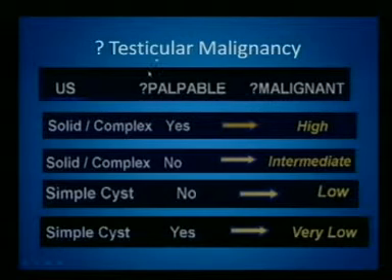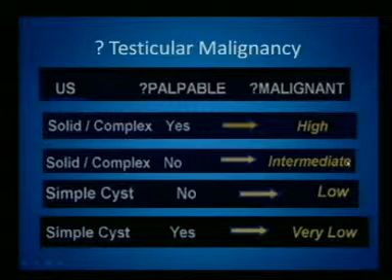With the ultrasound, testicular masses can be solid or complex, and can be palpable. If it is solid and complex with a palpable mass, there is a high probability of malignancy. If that solid mass is complex but not palpable, it is an intermediate probability.